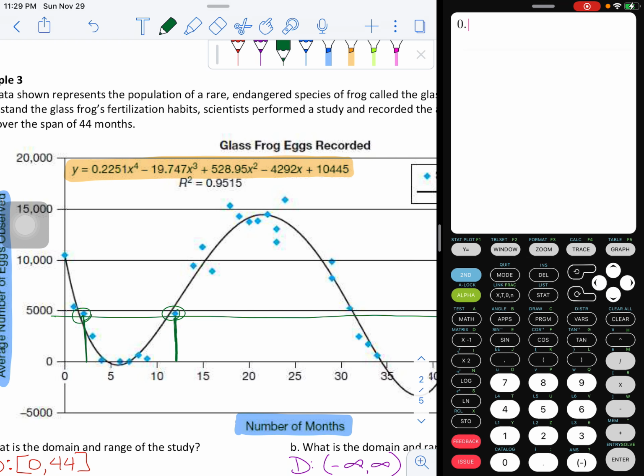All right, let's start it again. 225, 1. Okay. 2, 5, 1, 2 to the 4th, minus 19.747, 2 to the 3rd.